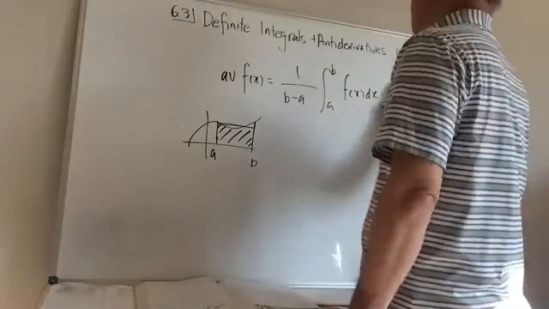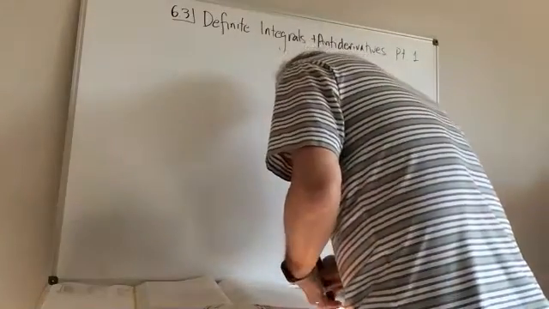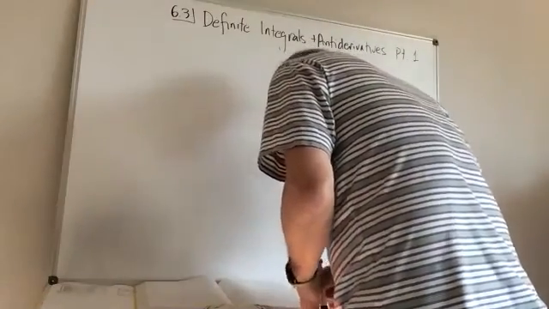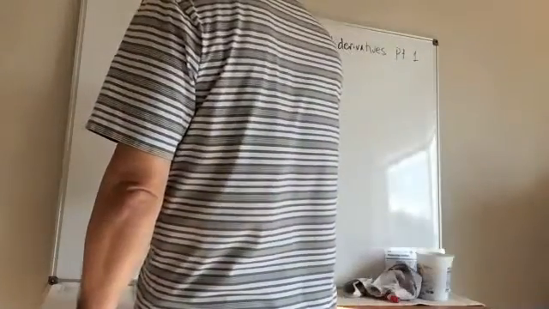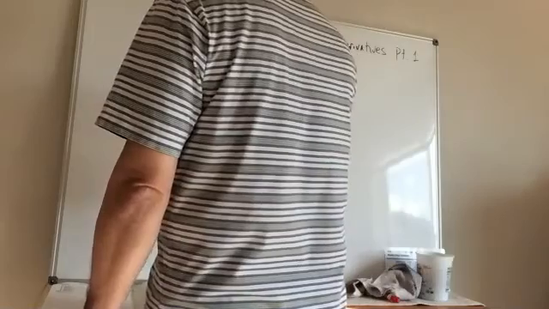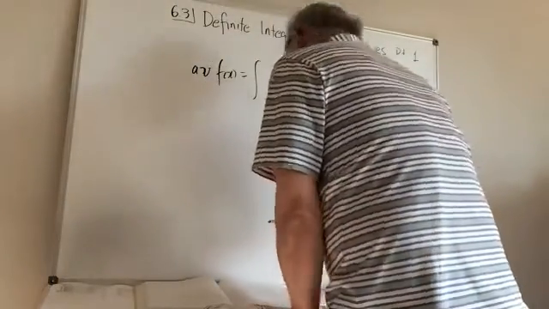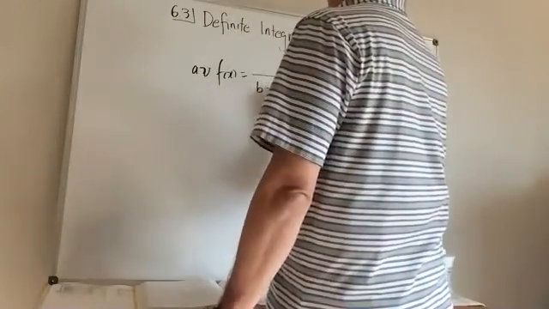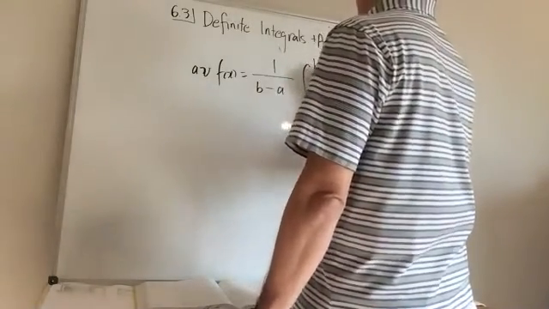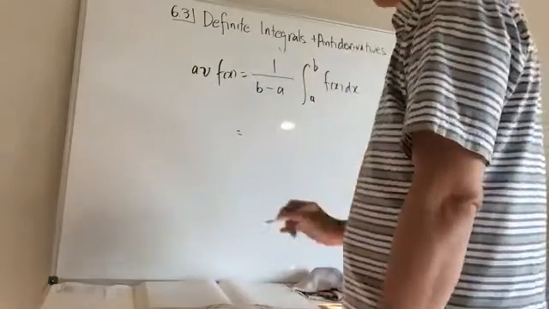So let's see if we can use that. Let's see if we can do example number 3. Use this definition. Find the average value of f of x on 0 to 3. So we need to find the average value of f of x, and we're going to go from where to where? We're going to go 1 over (b minus a) times the integral from a to b of f of x dx. So where are we going from here?